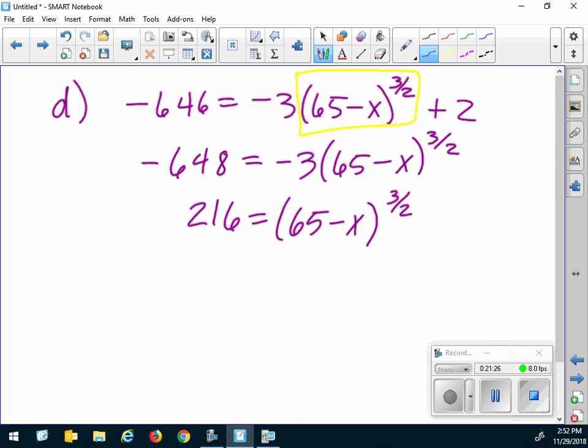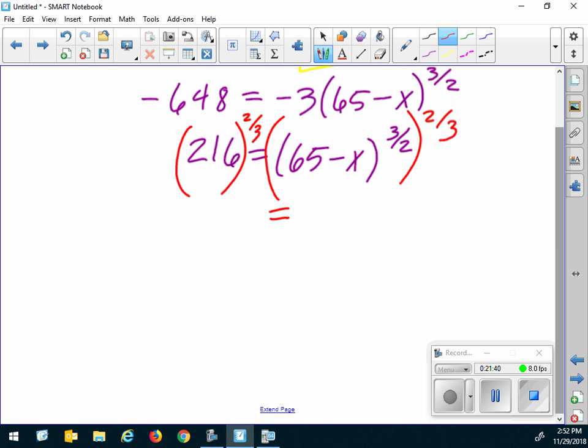Or I can think, all right, self, what would I raise each side to? What power? 2/3. So I'm going to raise each side to the 2/3 power. What am I left with on the right side? 65 minus x.